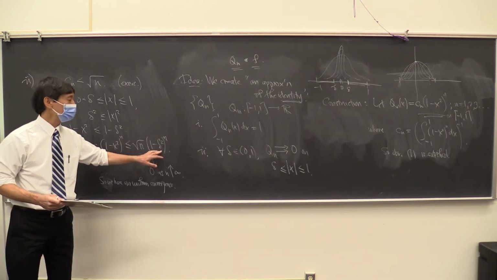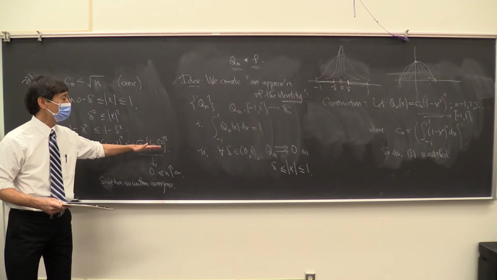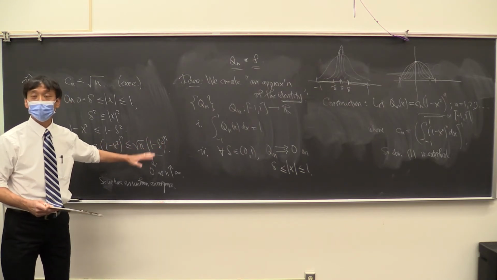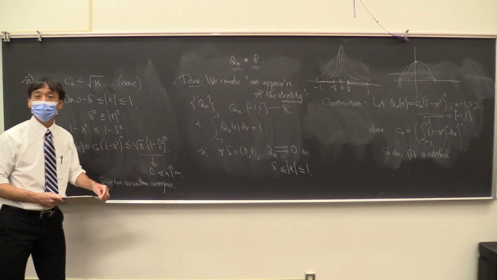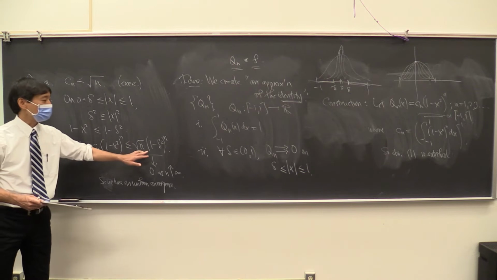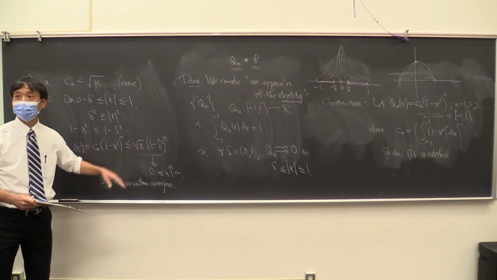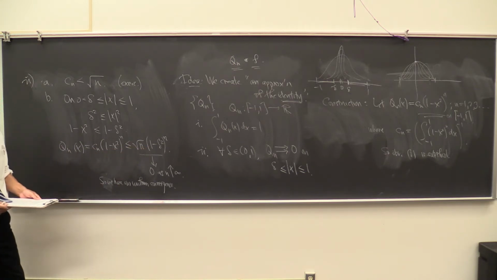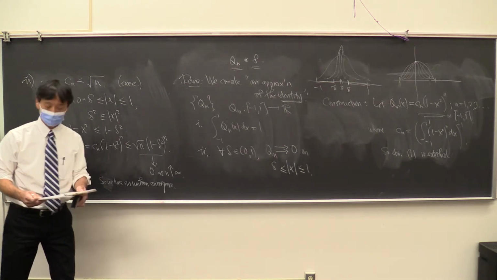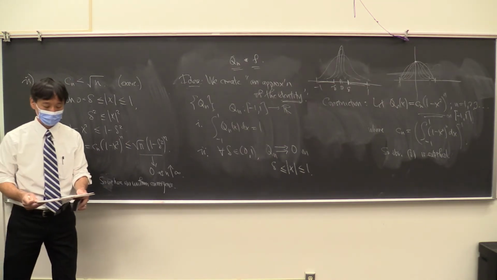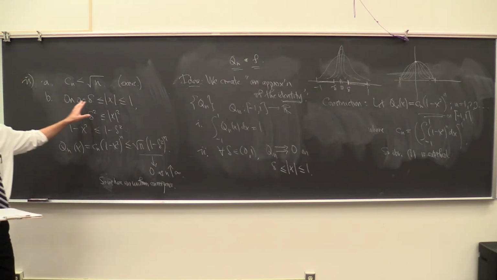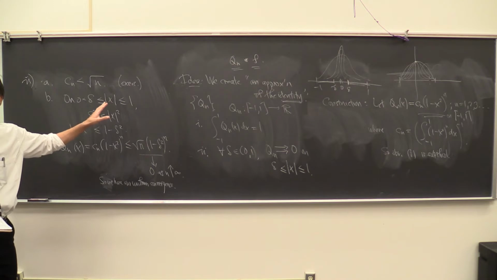This is like square root of n over something to the nth power, over a constant greater than 1 to the nth power. So that clearly goes to 0. Okay, so in any case, this is the construction of the approximation of the identity.